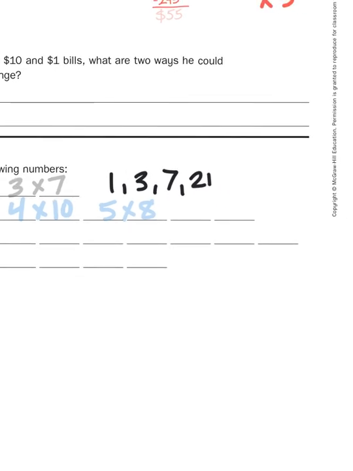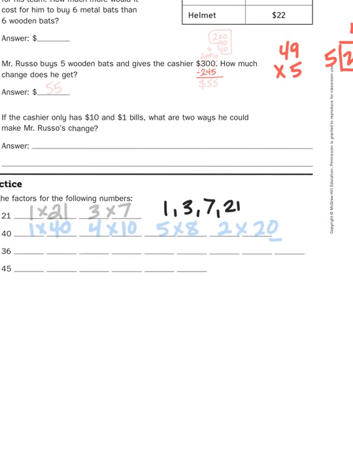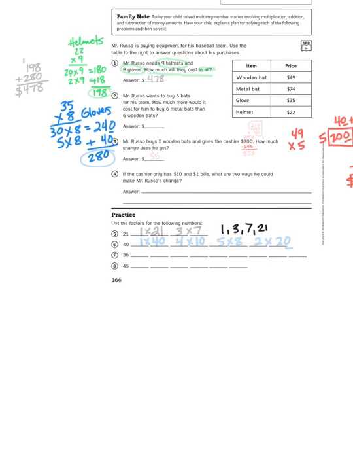And then, since 40 is an even number because it ends in 0, we know that 2 is a factor as well. 2 times 20, or 2 times 2 with a 0 behind it, because 2 times 2 is 4. And that's how you would find the factors of 40.